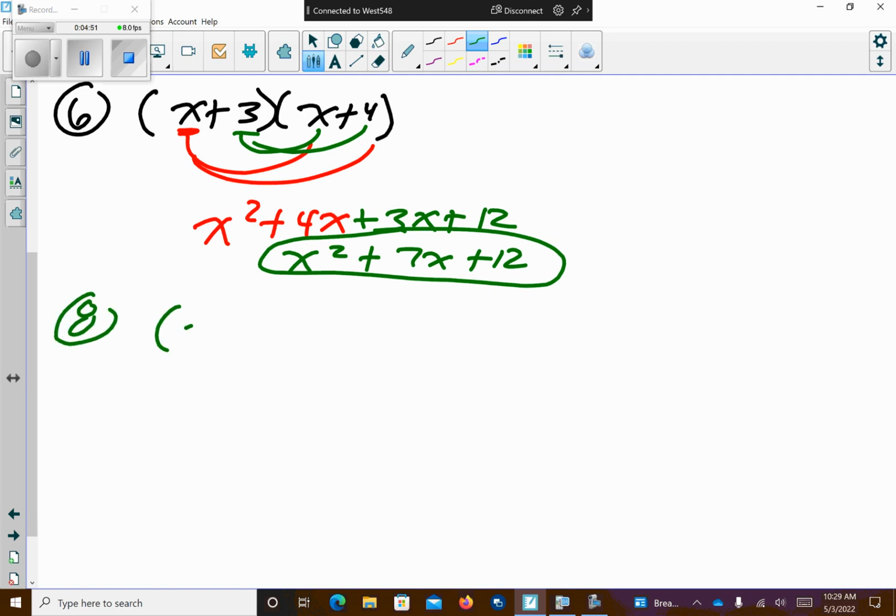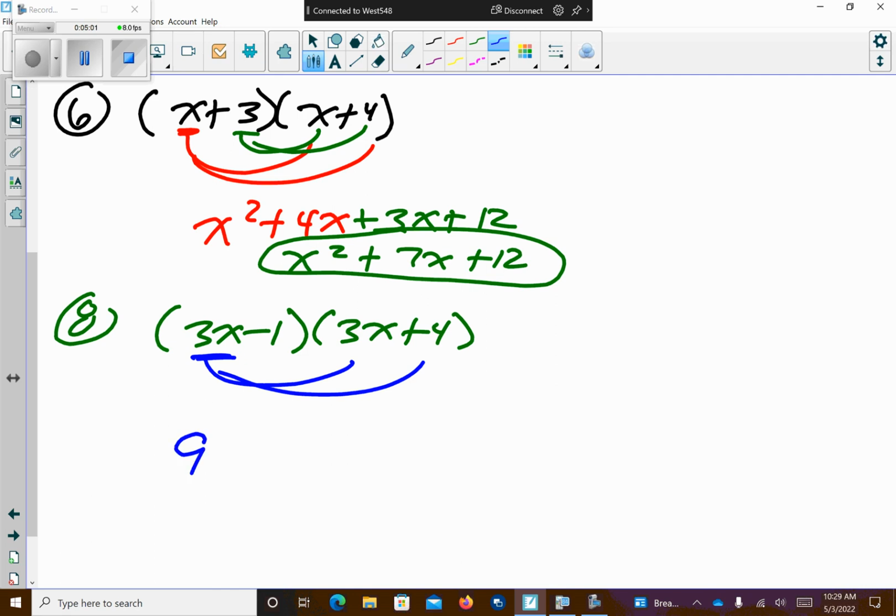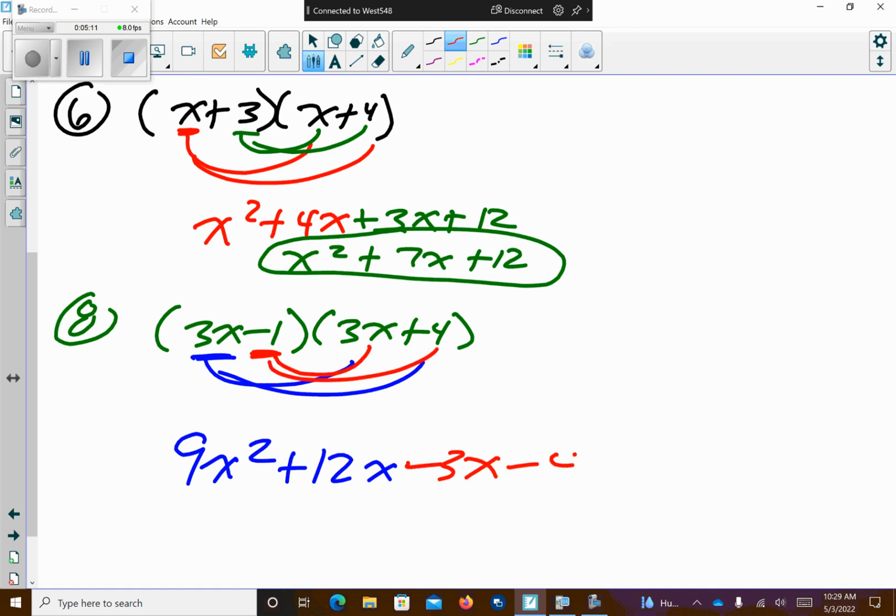Number 8. This is also a double distribute, right? Or a FOIL. So 3x gets multiplied there and there, so I get 9x squared plus 12x. And then distribute the negative 1. Don't forget the negative. Those are like terms.